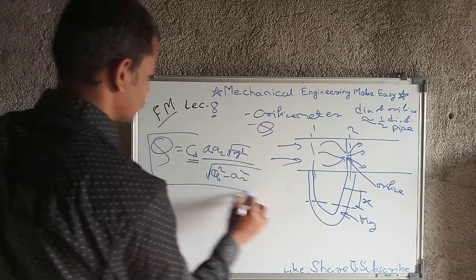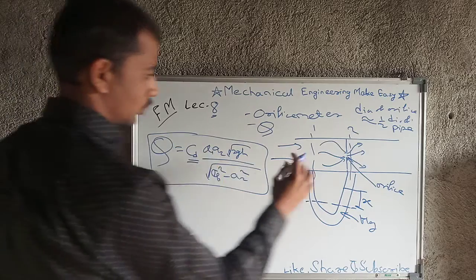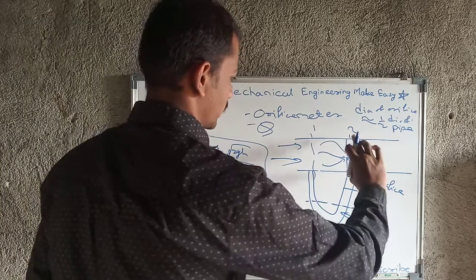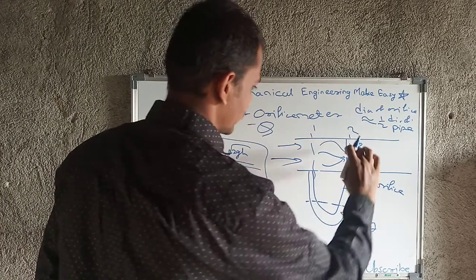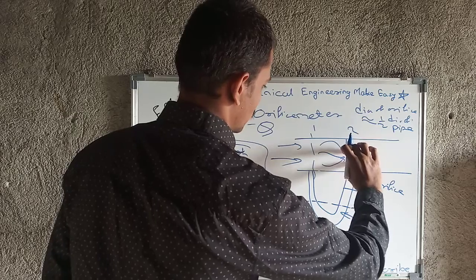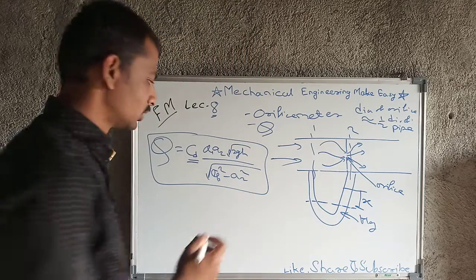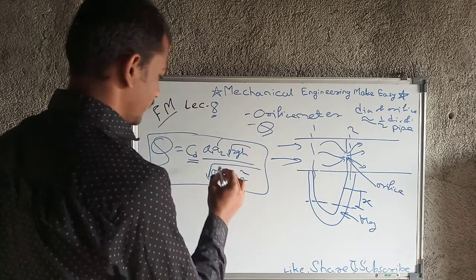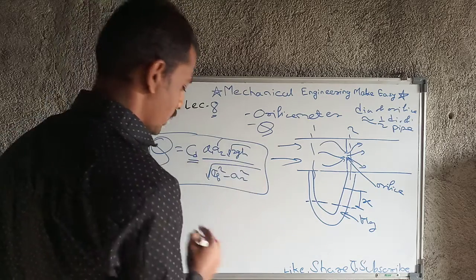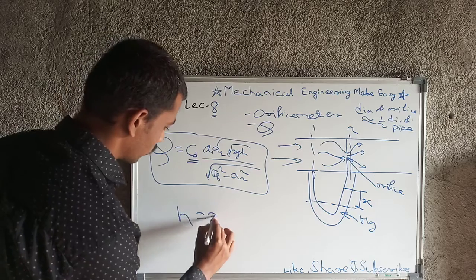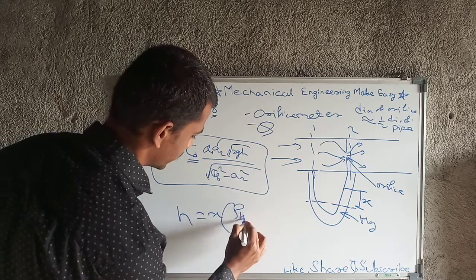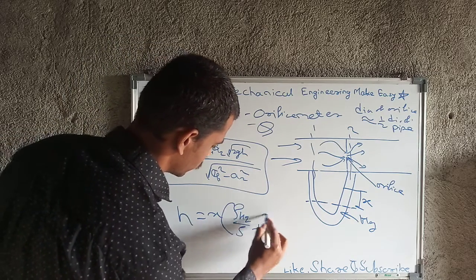So the formula remains the same here. A1 means area at section 1, A2 means area at section 2, and that is nothing but the orifice area, the cross sectional area of that orifice, that is nothing but A2. Then the H, we are going to calculate H equal to x into rho of Hg upon rho minus 1.